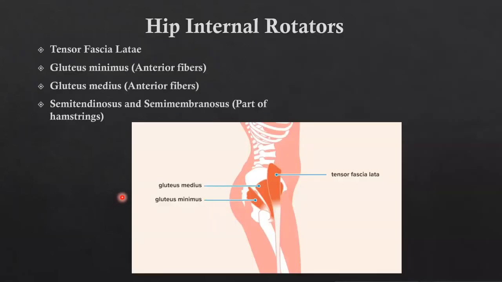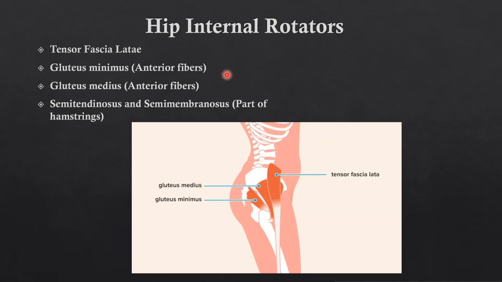Now, for muscles that internally rotate the hip, we have our anterior fibers of our gluteus minimus and our gluteus medius. So by anterior fibers, these are fibers that are located more so on the anterior side. Conversely, you know that for hip external rotation, we will have the posterior fibers of the gluteus maximus and the medius.